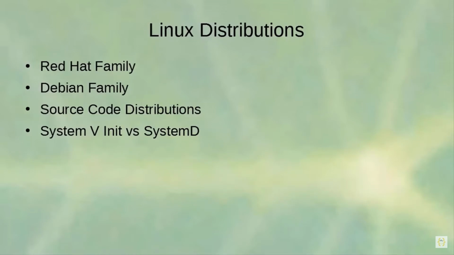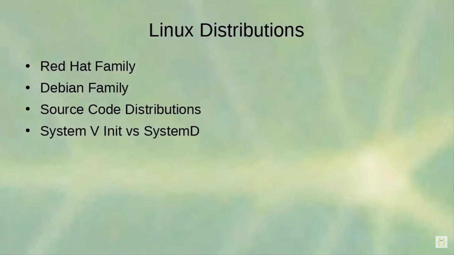Then you have these source code distributions, which includes things like Slackware and Gentoo and Arch. They try to ship something, but it wants to build stuff from source code, because if you build from source code, you have a much higher chance of things being compatible or not compatible and knowing very quickly.